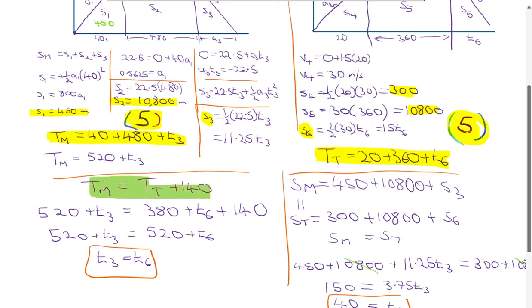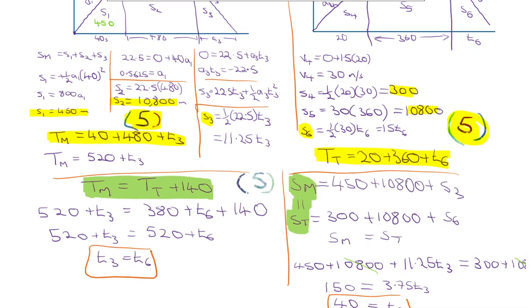So we got 5 marks for that, and for kind of knowing both of those things. So 5 marks for being able to relate the times on Monday and the distances being the same. So that's 15 out of your 25.